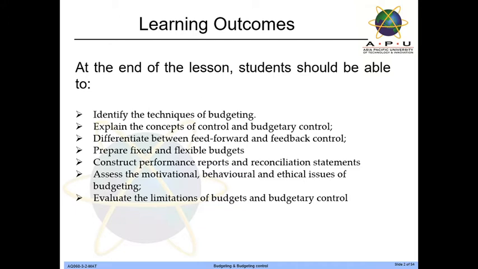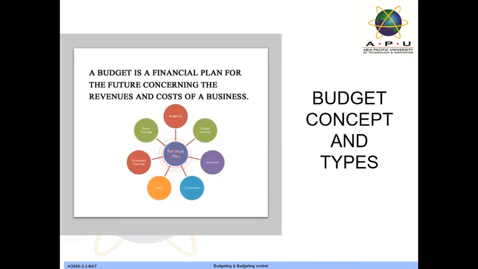Okay, when we talk about budget, it is related to our daily life. Let's say you just imagine you are in campus. You are going back to campus in June, so the semester or your life in campus will start in July.